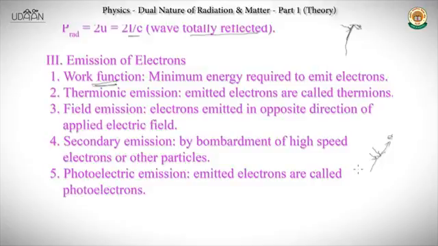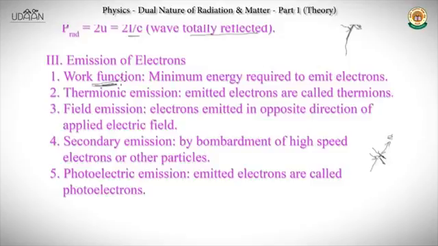But that is not the case. So there is something that is holding the electrons to the surface. To overcome this, we need a minimum energy that is known as the work function of the metal. So work function is basically the minimum energy required to emit the electrons.